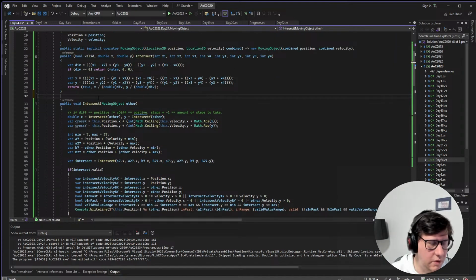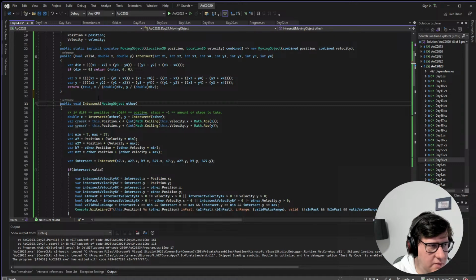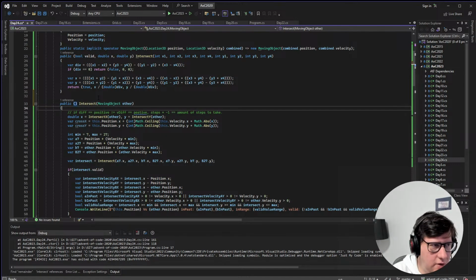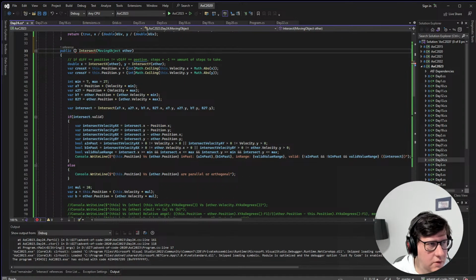Let me think. I want a return type for this. I could just make it a value tuple for now. Value tuples for the win. So what I want to return is bool intersects.